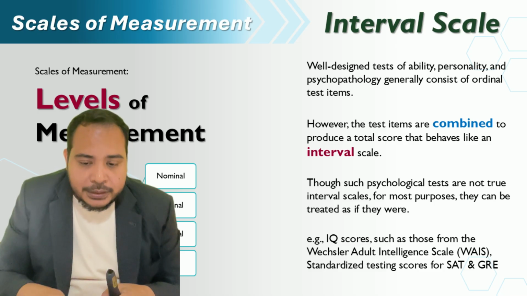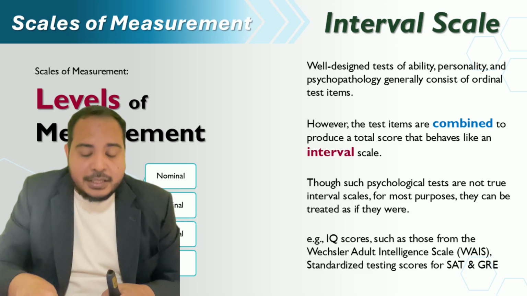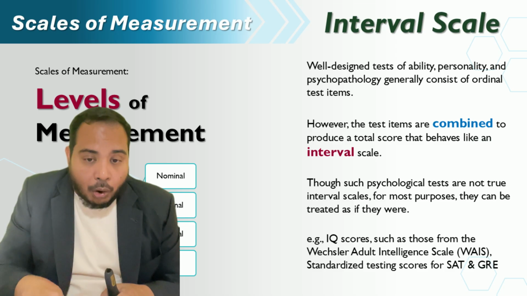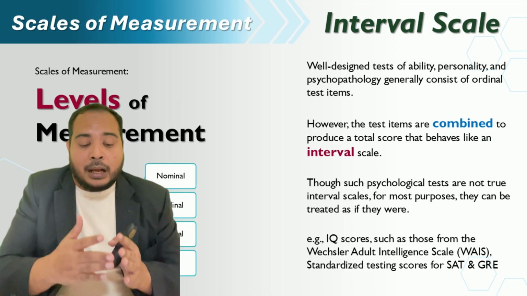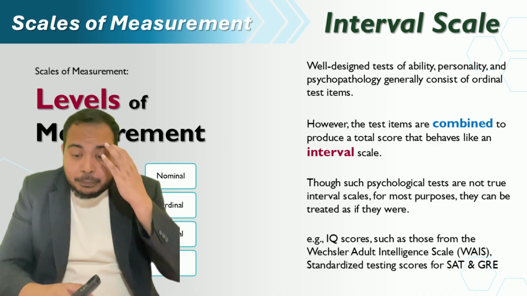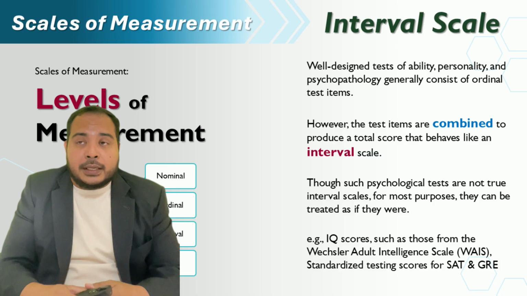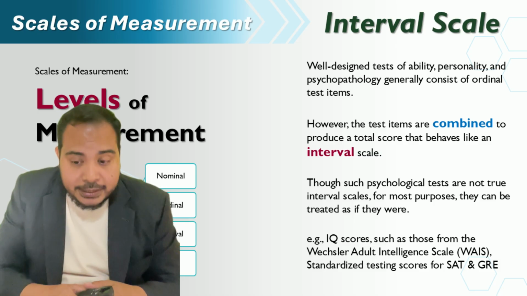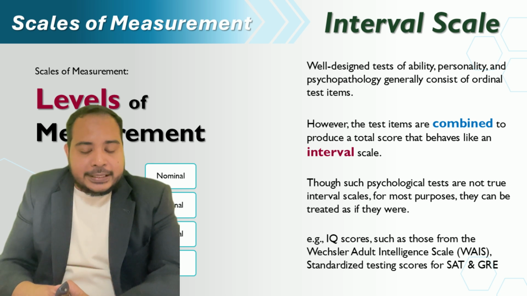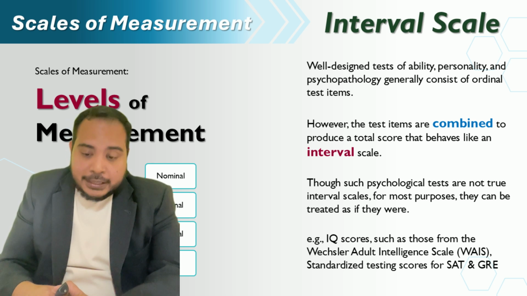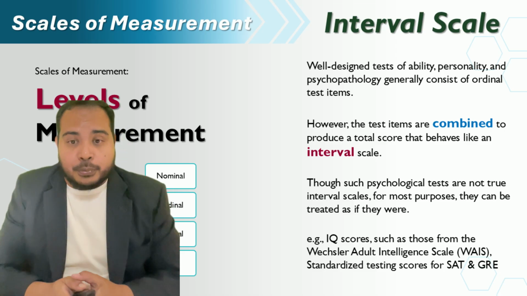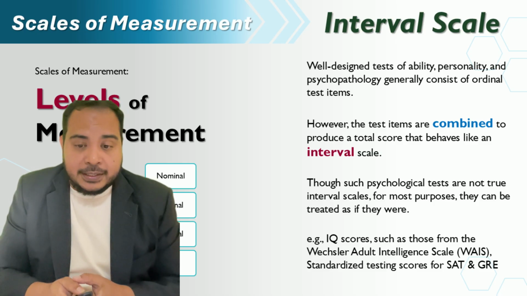For most purposes, they can be treated as intervals if we use the total score or the mean out of all of the items. Examples are given here: the IQ score that we get from WAIS, the Wechsler Adult Intelligence Scale, or any other standardized score for intelligence-based testing, such as SAT or GRE if you want to pursue your postgraduate study in the United States.